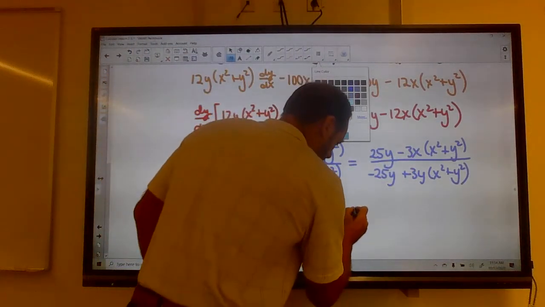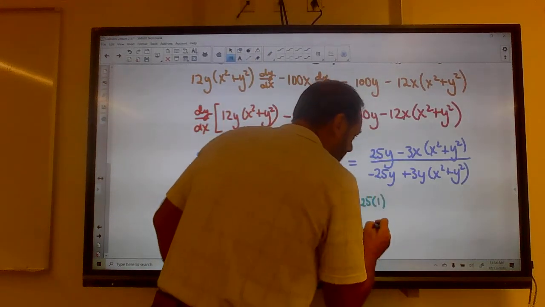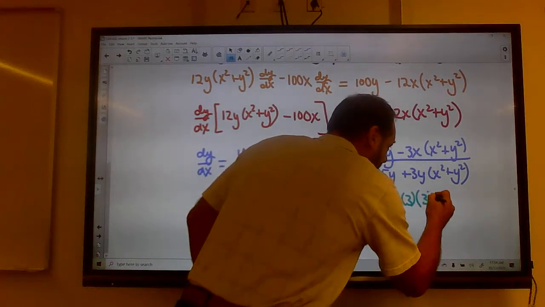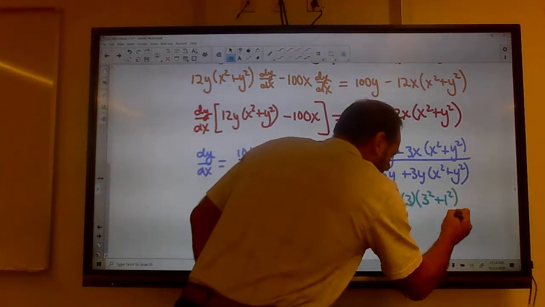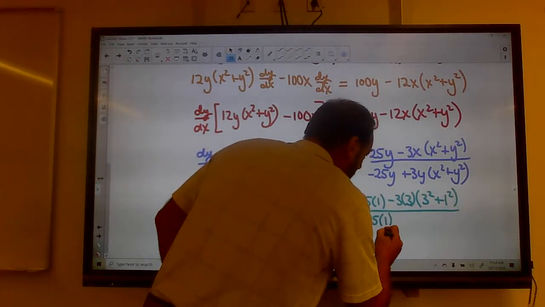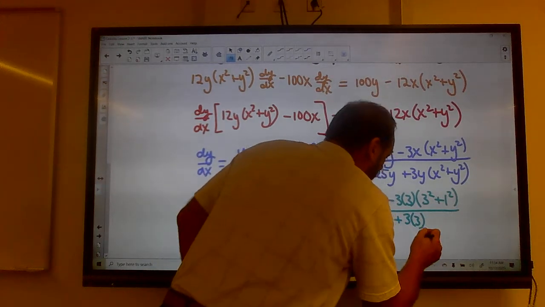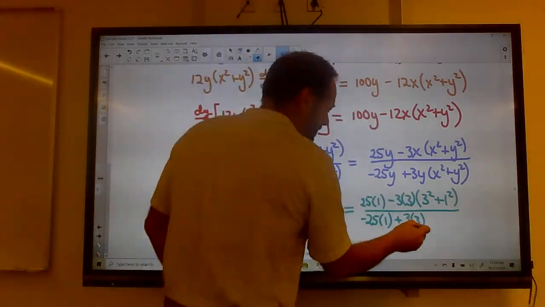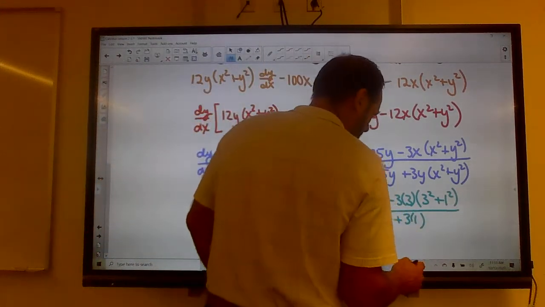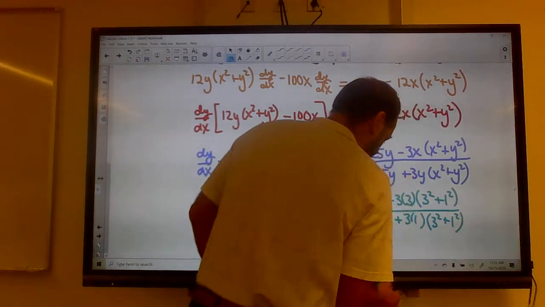Okay, so I will get 25 times 1 minus 3 times 3 times (3 squared plus 1 squared) all over negative 25 times 1 plus 3 times 3, 3 times 1 times (3 squared plus 1 squared).